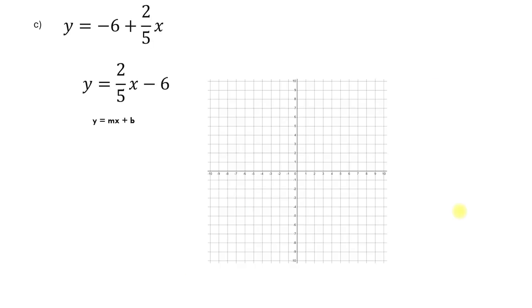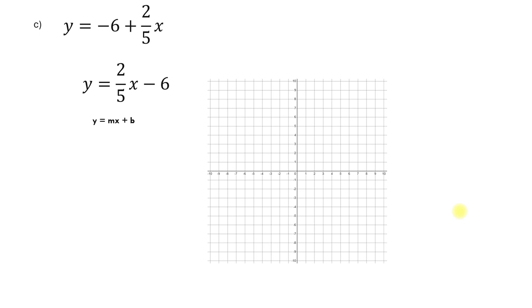Here we have y equals -6 plus 2/5 x. Now, this is not, technically speaking, in y equals mx plus b form. We want to see the term that has the x value right to the right of the equal sign.